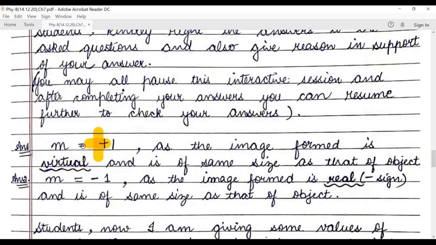And one more important characteristic was that the size of the image is equal to the size of the object, so the number should come 1. That's why our magnification in case of a plane mirror will be +1, as the image formed is virtual and of the same size as the object.